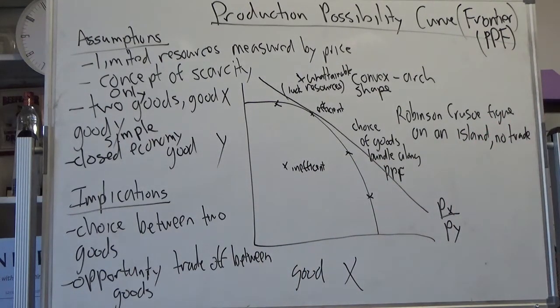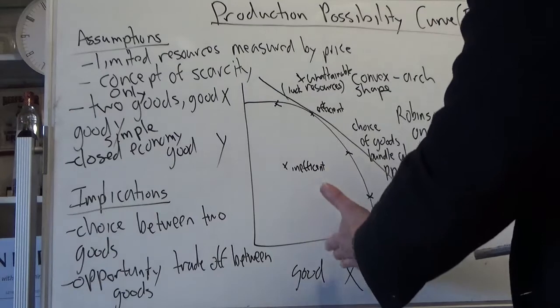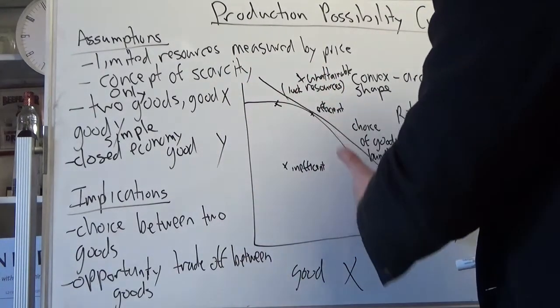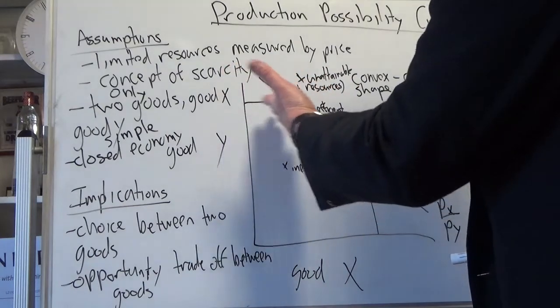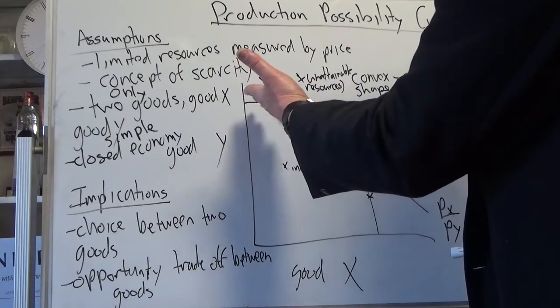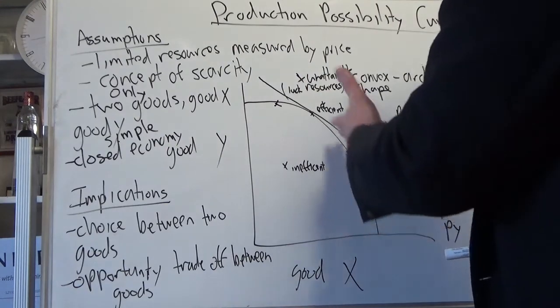Also, he has an opportunity cost, a trade-off between the two goods. He has to decide which bundle of goods X and Y he wants on the production possibility frontier. Those points are attainable given the level of resources, so points on this PPF.